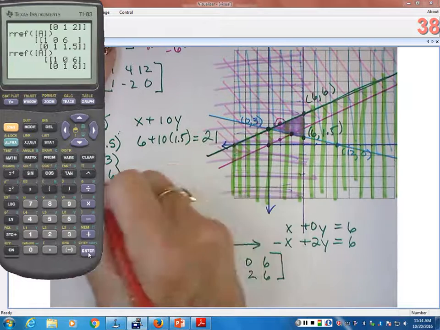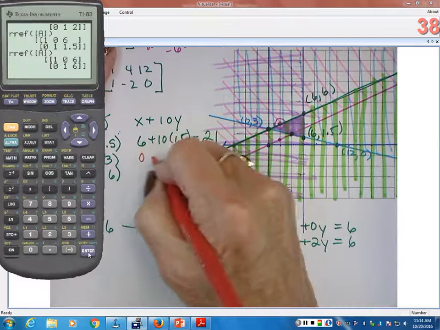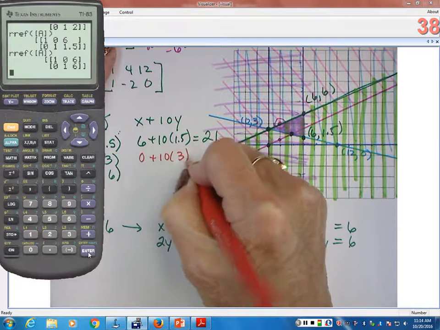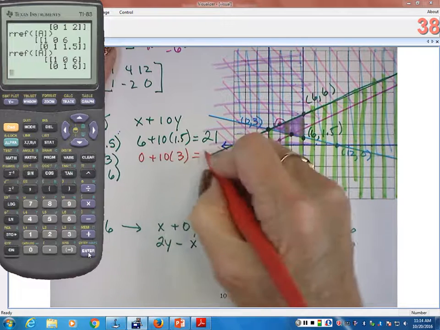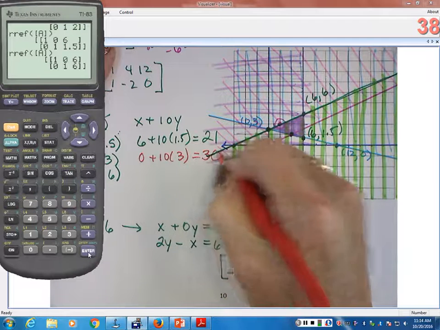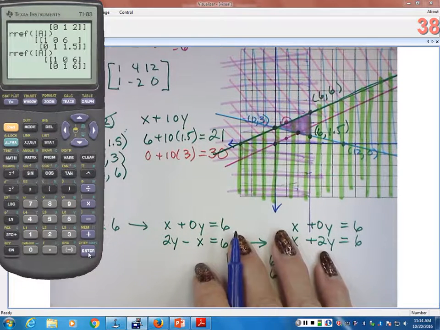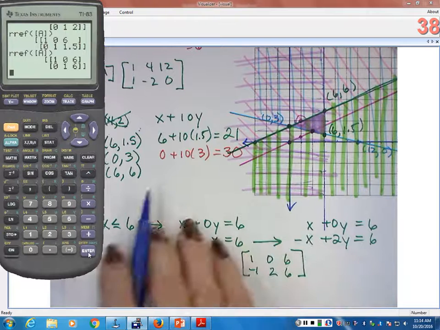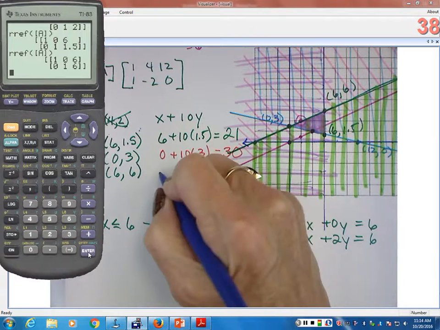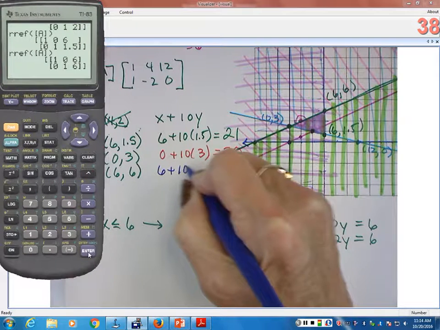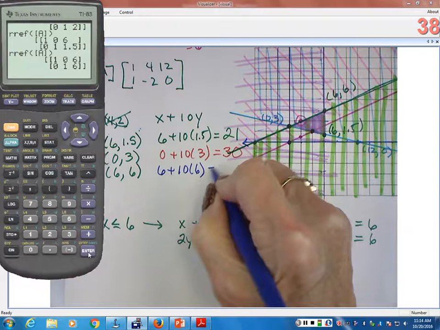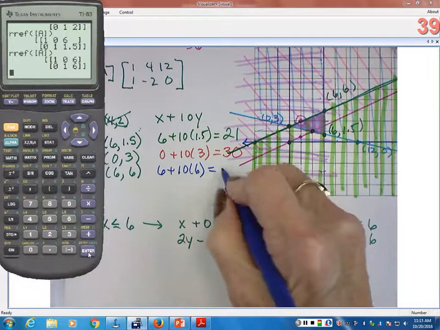And then using 0, 3, I have 0 plus 10 times 3, and that is 30. And then using 6, 6, I have 6 plus 10 times 6, and that's 60 plus 6 is 66.